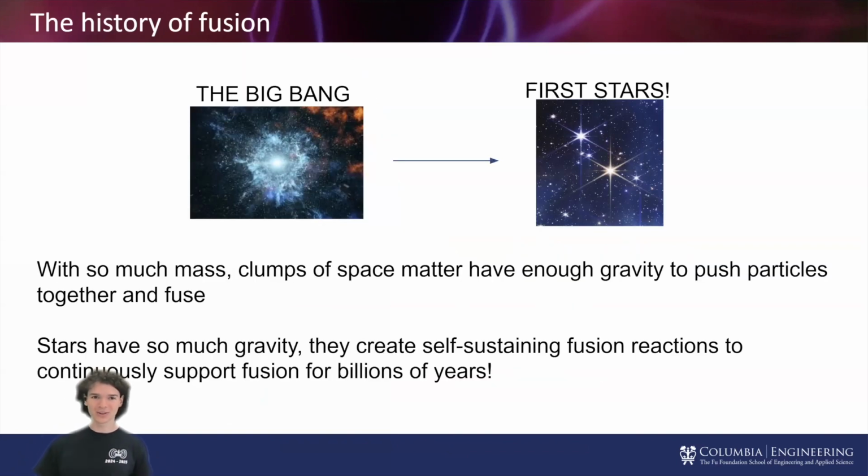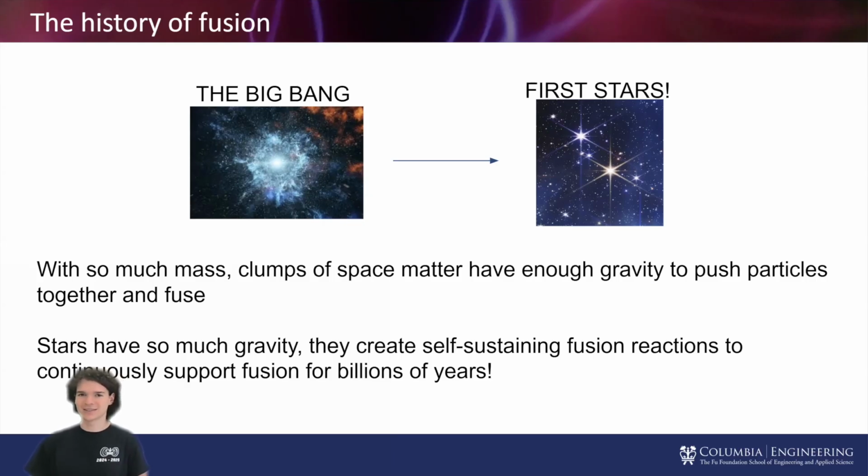We'll start at the beginning of time, because the first stars in the universe, as I mentioned, do fusion. Stars have figured out how to do fusion by having enough gravity to push their particles together enough that they overcome the Coulomb barrier, the electromagnetic force, and the strong force takes over and they fuse. Stars have so much gravity that they're able to do this.